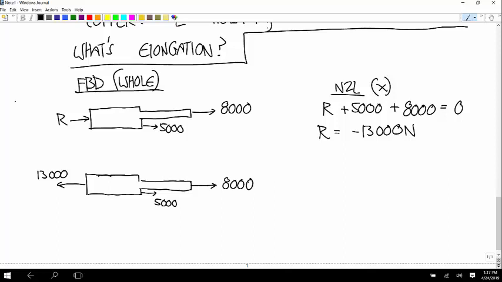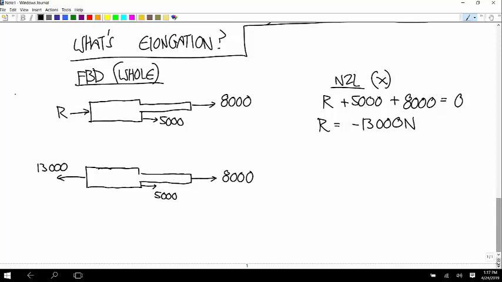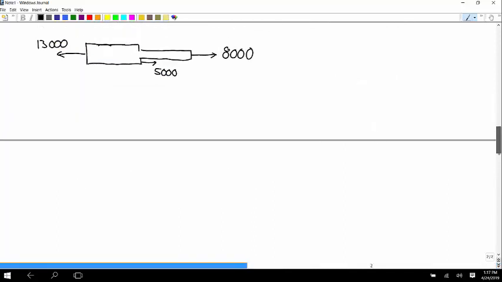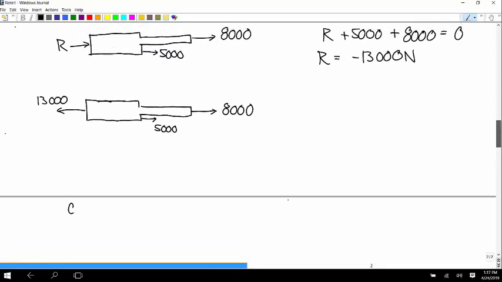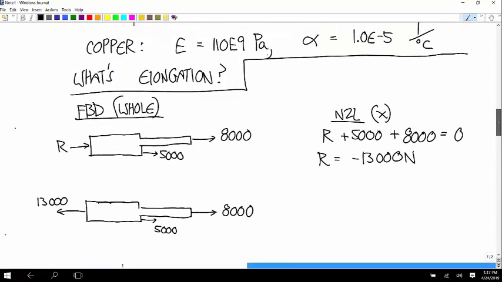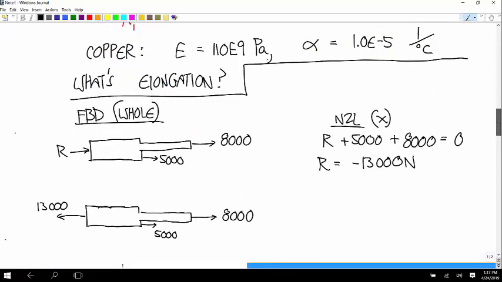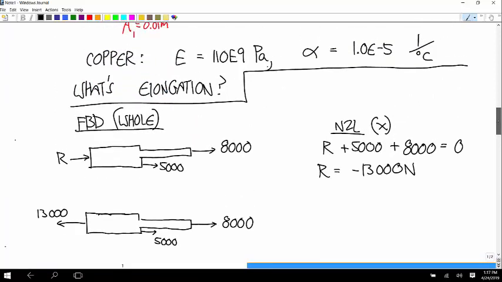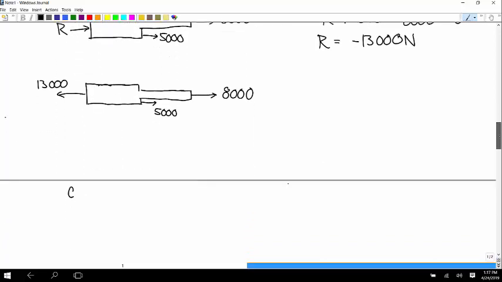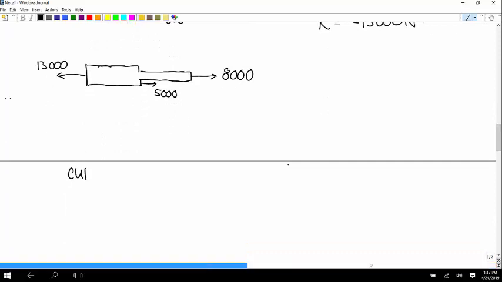And now we want to calculate the internal load. How many cuts do we need? 2, that's right. Okay, so cut 1.